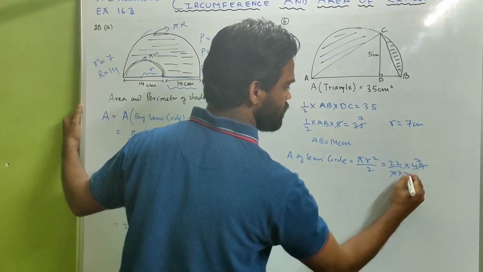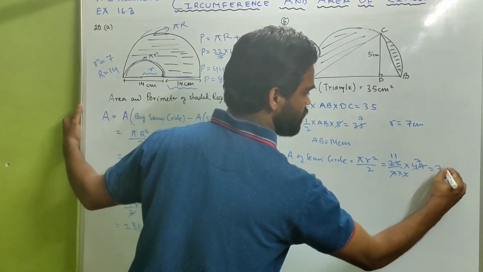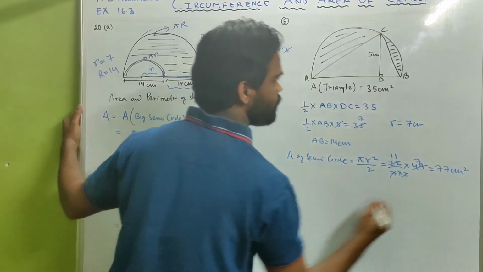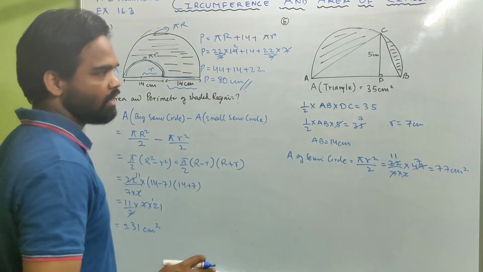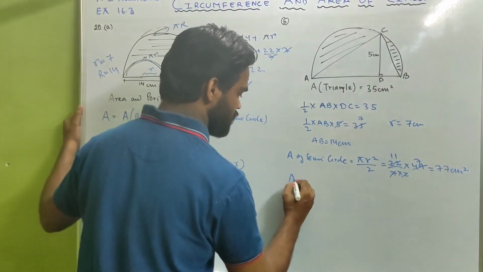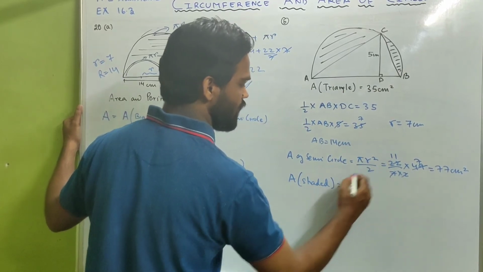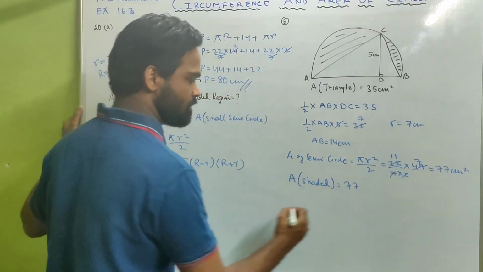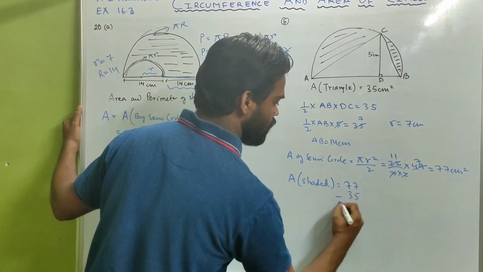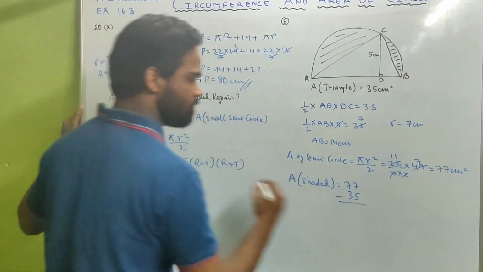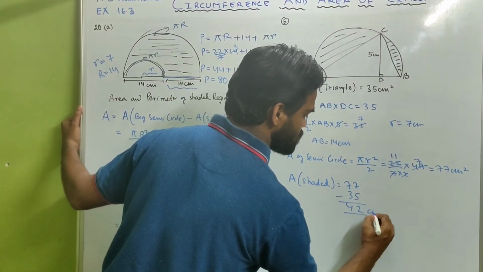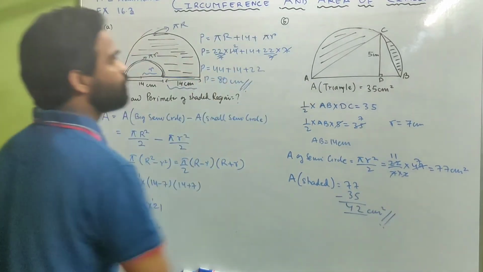So 7 times 11, that's 77 centimeter square. The area of the triangle is given to us. So the area of the shaded region is the area of the semicircle minus the area of the triangle, which is 42 centimeter square.